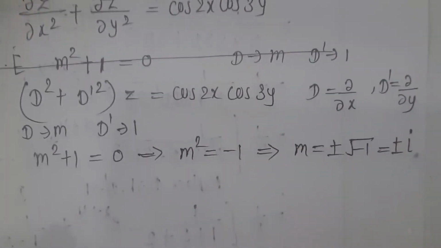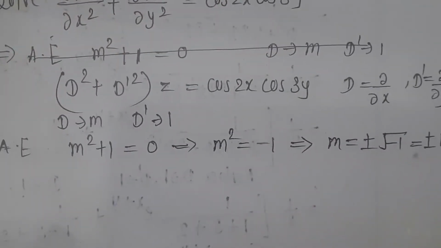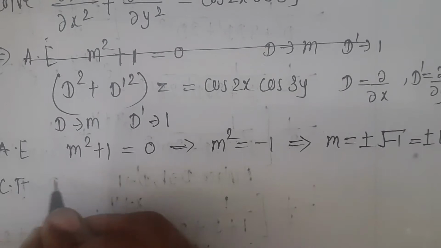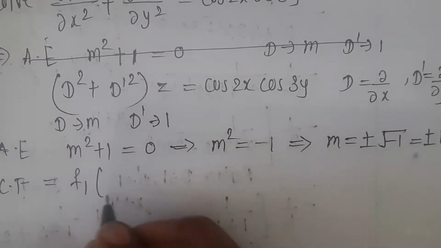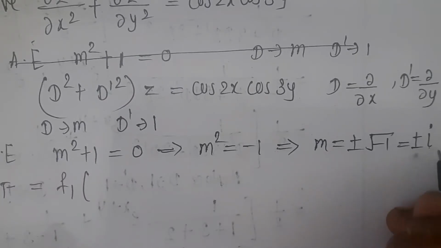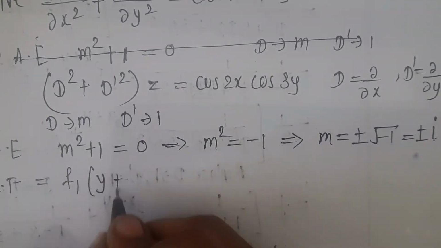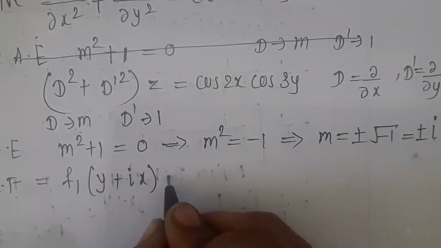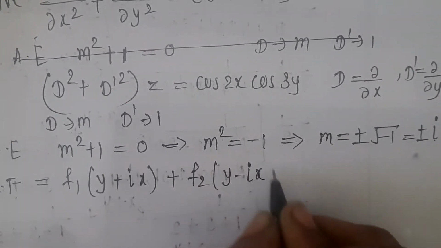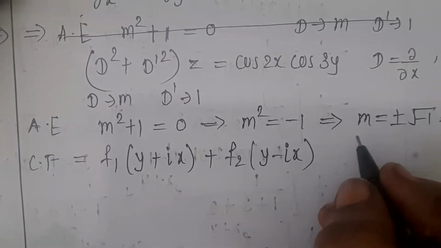Now we get imaginary roots, but for imaginary roots also the writing method is the same. So CF becomes f1 of y plus m1x, where m1 is plus i and m2 is minus i. So f1 of y plus ix, and second f2 of y minus ix. So this is the writing method.